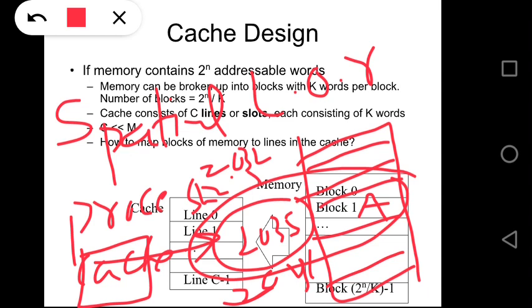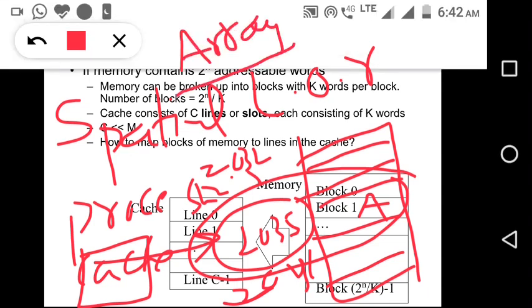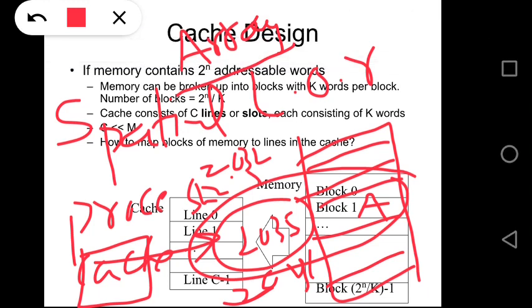And the best example for spatial locality of reference is an array. Because in an array, the elements are homogeneous, and the speciality of the array is that the elements have to be stored in contiguous memory locations.